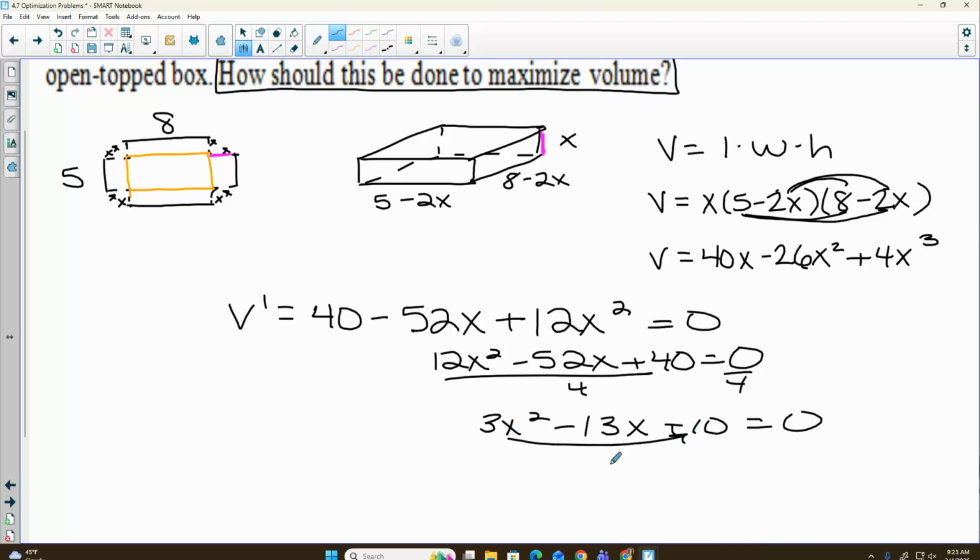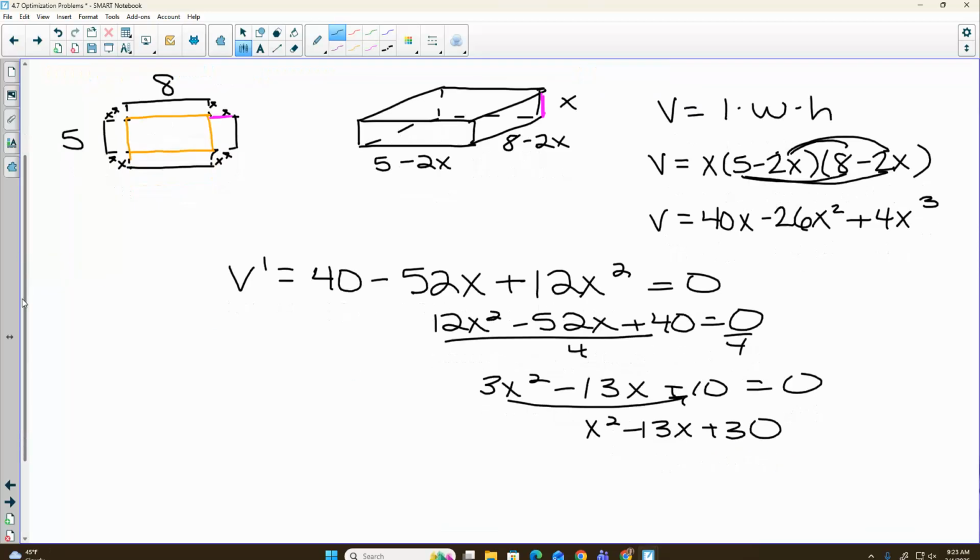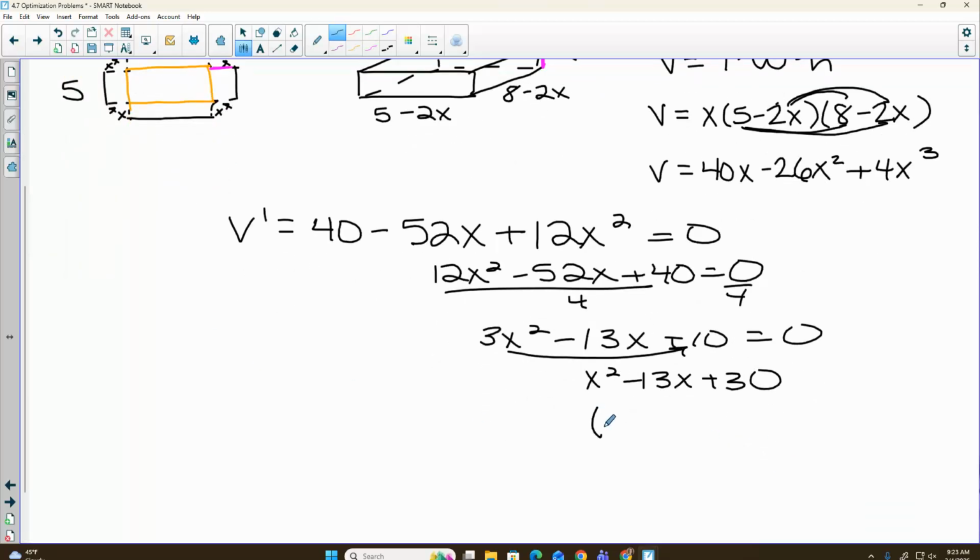Then we can slip and slide. Multiply to 30 and add to negative 13. Negative 10 and negative 3. Divide our 3 back.